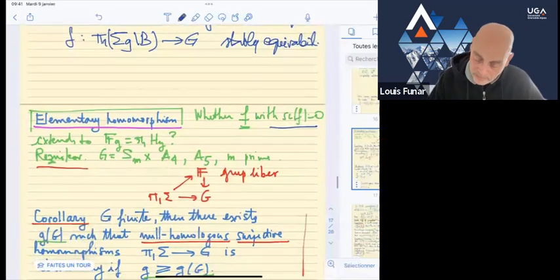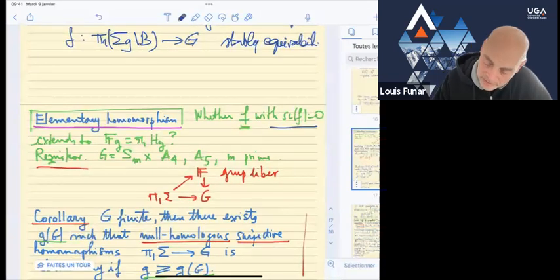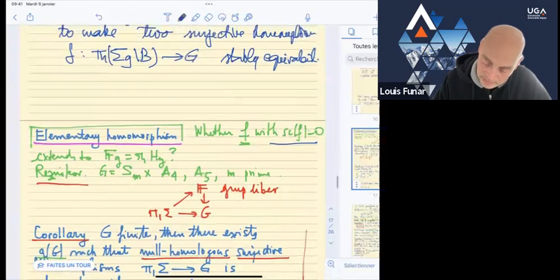This is equivalent to asking, in the case when the class is 0, if it factors through the free group.